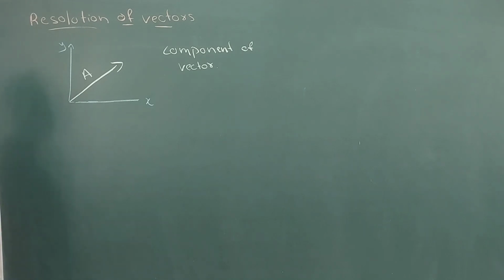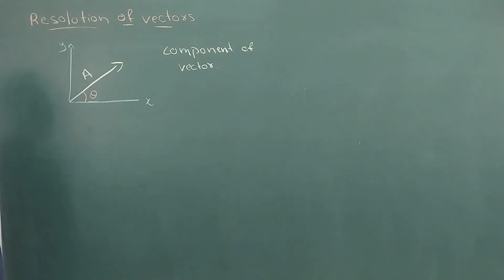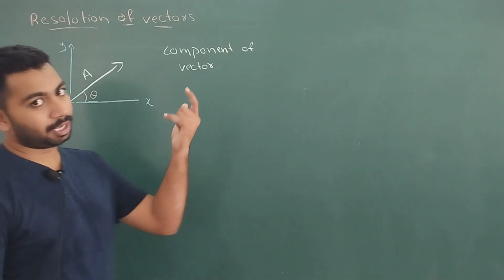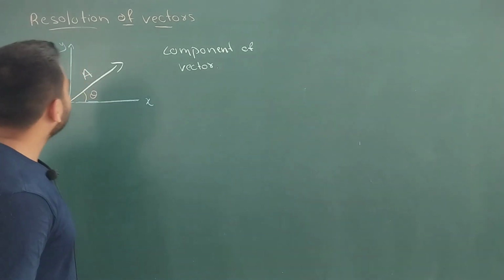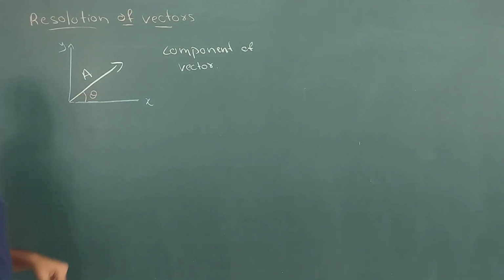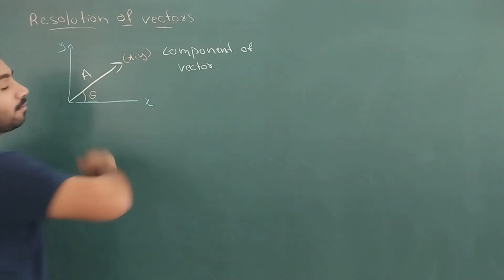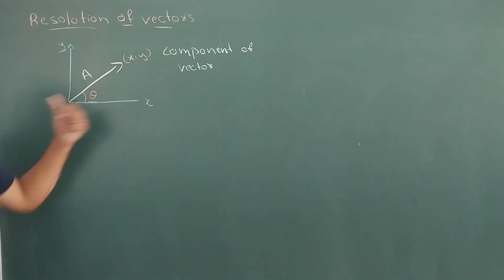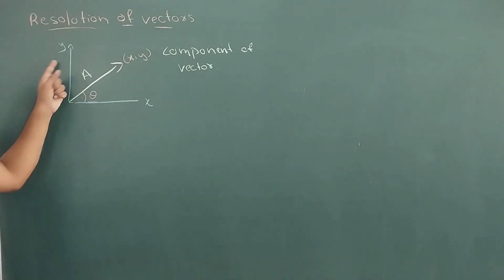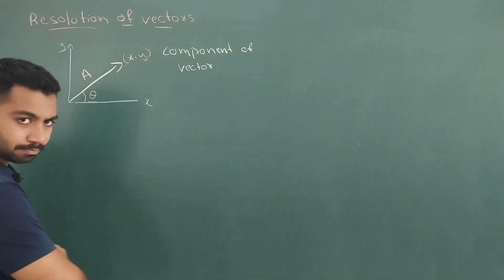Now let's say it makes some angle theta with x. Now I want the x component and the y component of this vector. It's very simple.